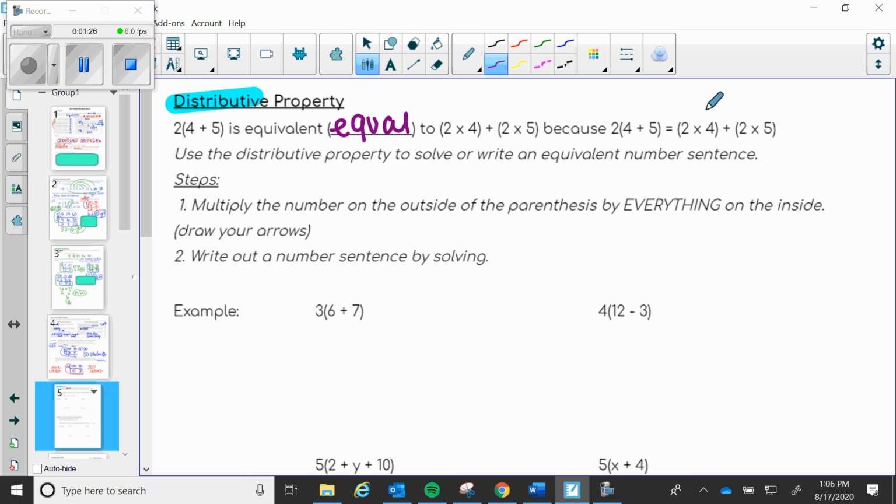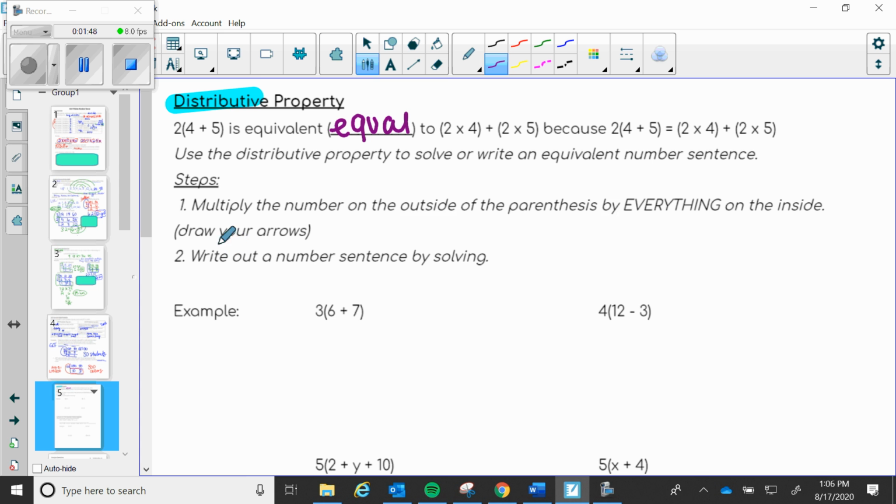So these are two different types of number sentences, and they're equivalent because they're equal. We're going to be using the distributive property to actually solve some problems, but also write out the equivalent number sentence. So let's just jump right into it.